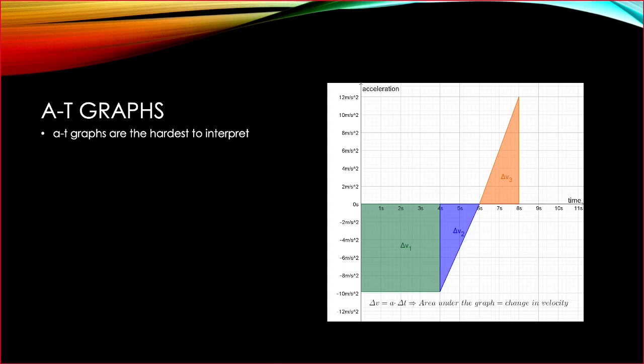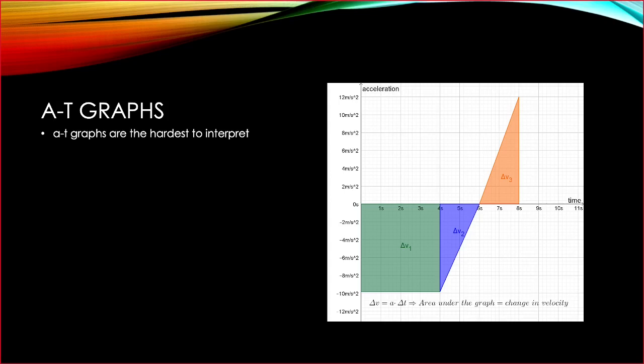So if we look at this graph, we see that we start this motion with an acceleration of just under minus 10 meters per second squared. And then we have a change at 4 seconds where we decrease our acceleration. So we're starting to accelerate slower. It's not that we aren't having an acceleration, it's just that the acceleration process is slower.